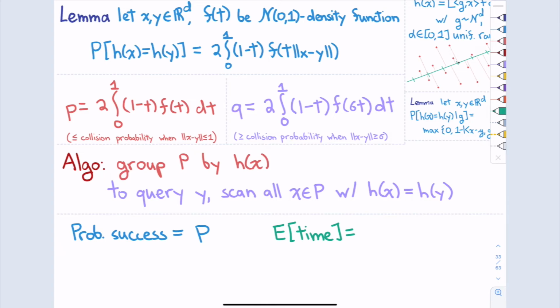By which I mean expected time to do a query. So you've already built out the buckets. You first compute the hash, that's d. That should be a plus, not a t.